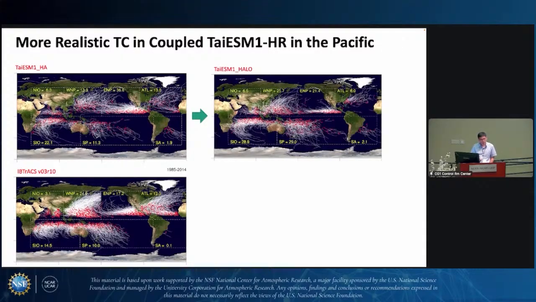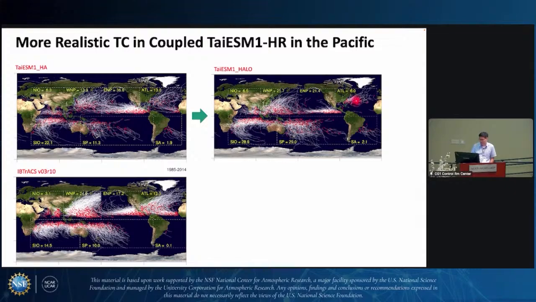And when we use the HALO configuration, we found that the Northwestern Pacific now has pretty good performance, and also the Eastern North Pacific. However, in the Atlantic, most of the TCs disappear, particularly those TCs that originate from the coast of Africa.